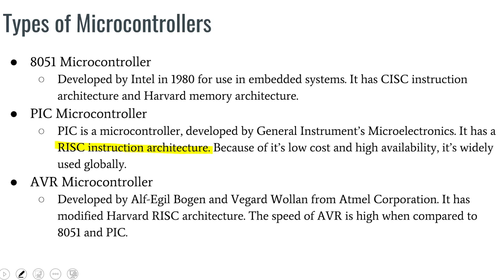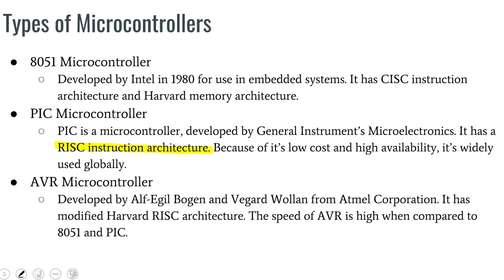So the PIC microcontroller is a fairly common microcontroller. It's pretty cheap, and you may find them heavily used in simple electronic implementations, light displays, a lot of these simpler implementations still using PIC microcontrollers.